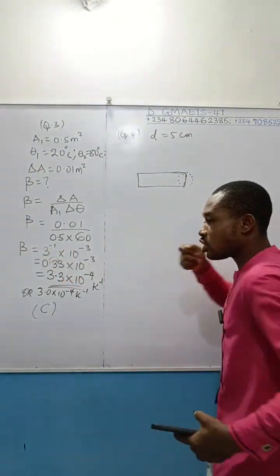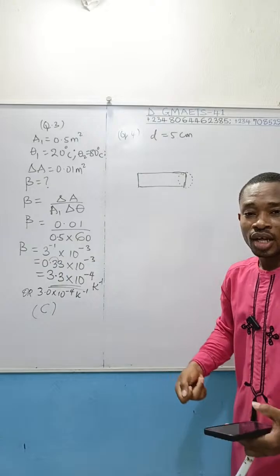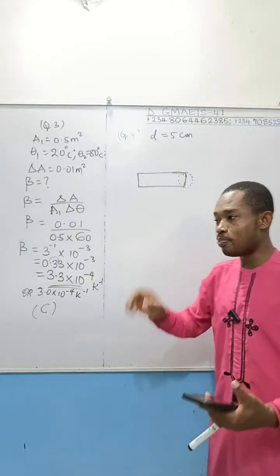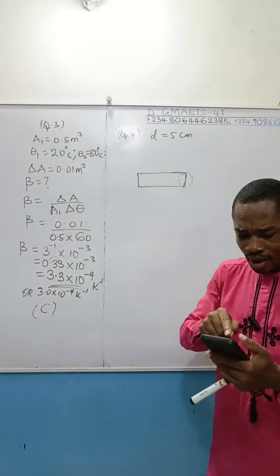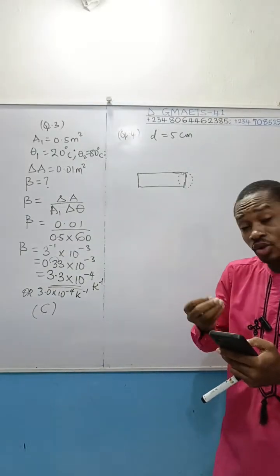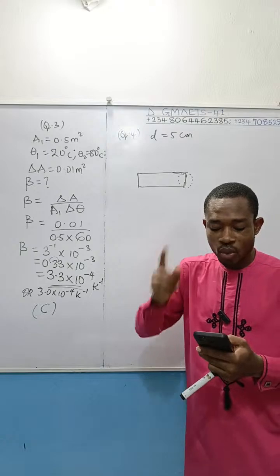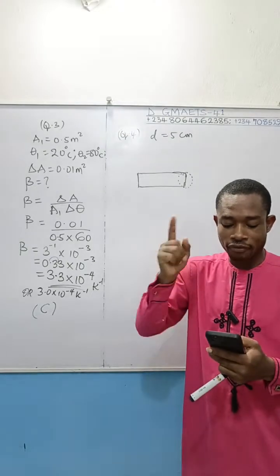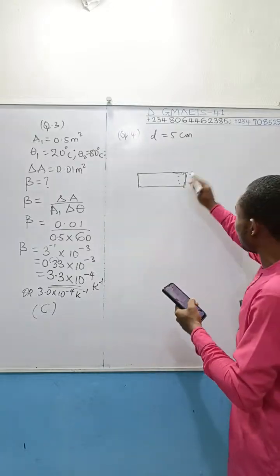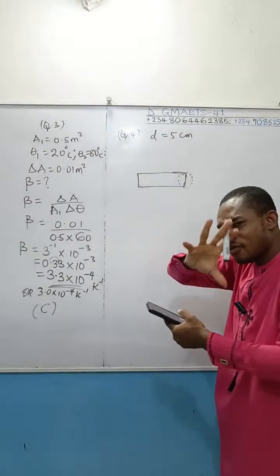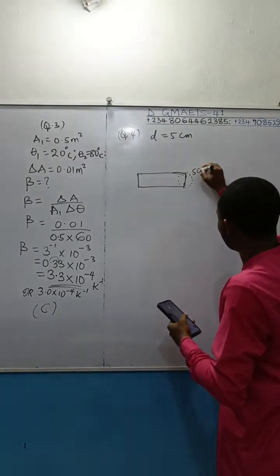Is to be slotted into what? A hole. Like when you are trying to plug something into a socket. Now, the diameter of the socket was given to us, because the question asked, at what temperature will it fit exactly into a hole of constant diameter 4.997? Let me give you a sketch. The diameter of this is 5 cm.